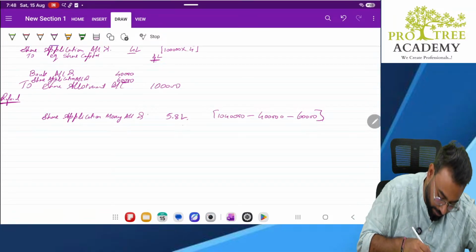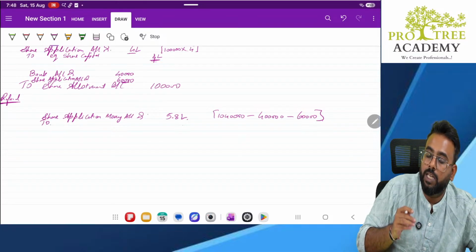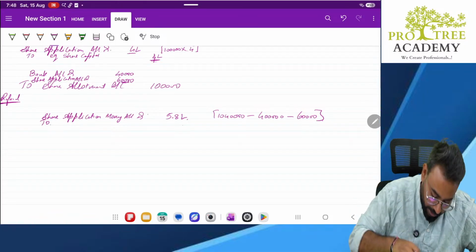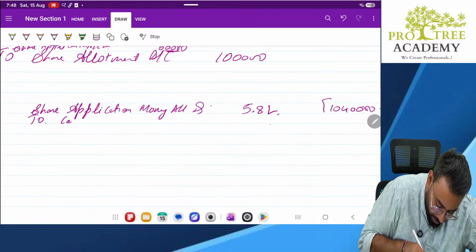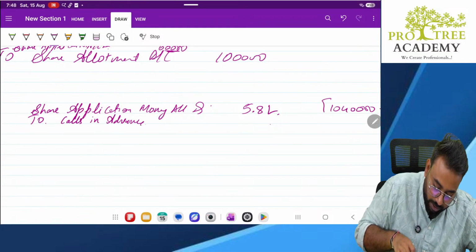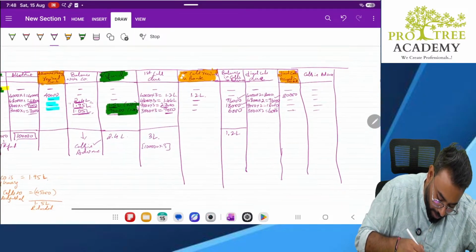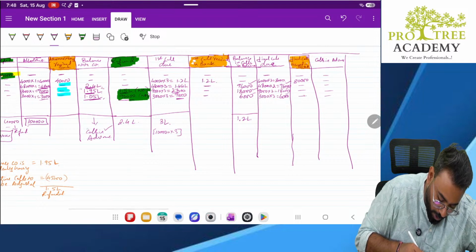5.8 lakhs. Now, in this, certain portion will go to calls in advance. Correct or no? Calls in advance. How much, sir, calls in advance should go? You have already prepared this thing, no? Calls in advance balance should be how much?